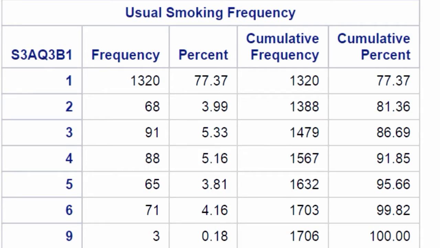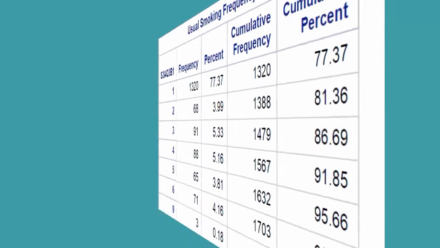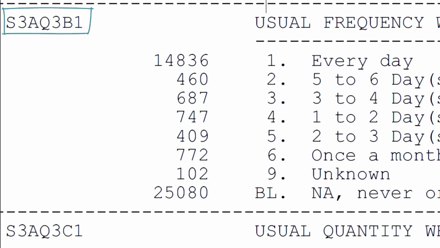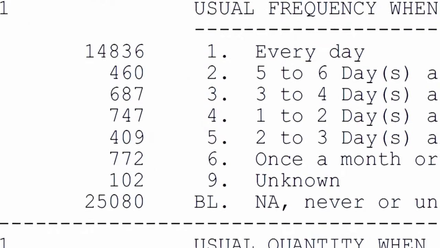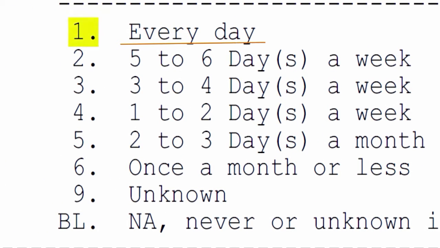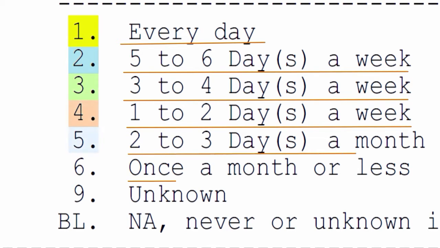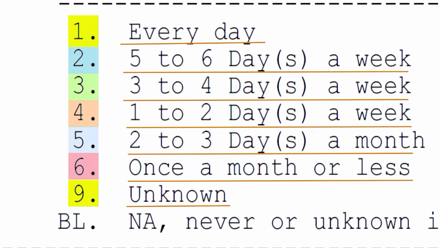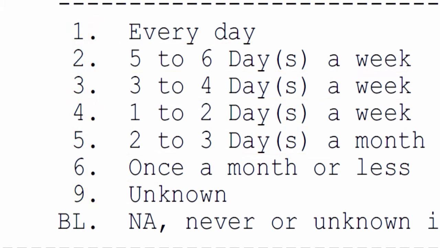A first step to consider is whether or not you need to code out missing data. We'll use our young adult smoking project as an example. In the NESARC codebook, you see that the response category 1 means daily smoking for variable S3AQ3B1. And you can read down to see the meaning of other response categories for the usual smoking frequency variable and frequency table.